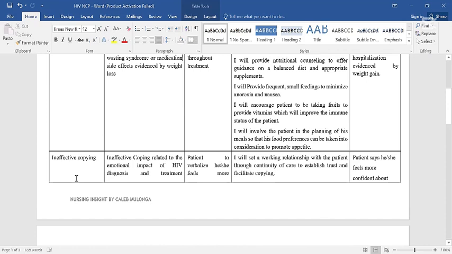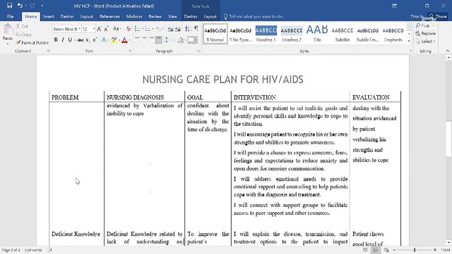Okay, then we move to the evaluation, which is the patient says he or she feels more confident about dealing with the situation, evidenced by patient verbalizing his strengths and ability to cope.